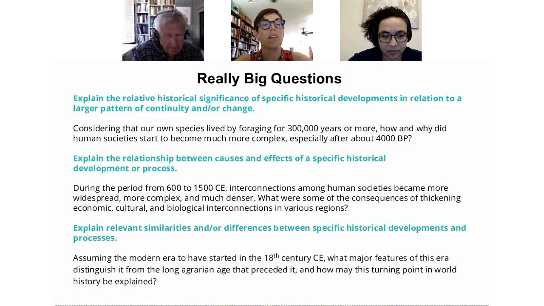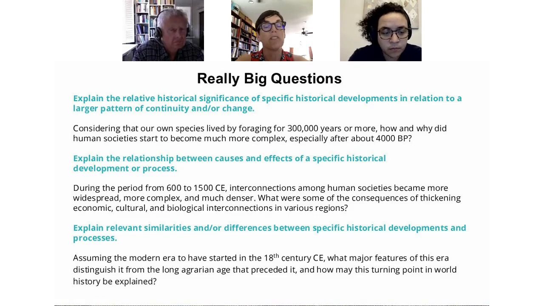And Ross had already pointed out that a lot of the way in which the College Board course is framed, because of the requirements of the College Board, is in positive statements, or, as you know from working with your students on the sample exam questions, most of the exam questions aren't questions, they're prompts. So they say something like this: explain the relative historical significance of specific historical developments in relation to larger patterns of continuity and or change. This is the basic change and continuity skill that the course emphasizes.